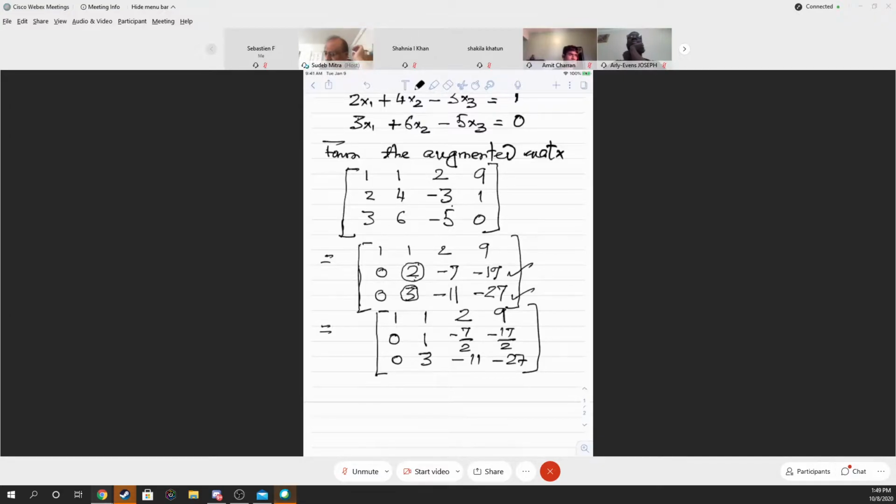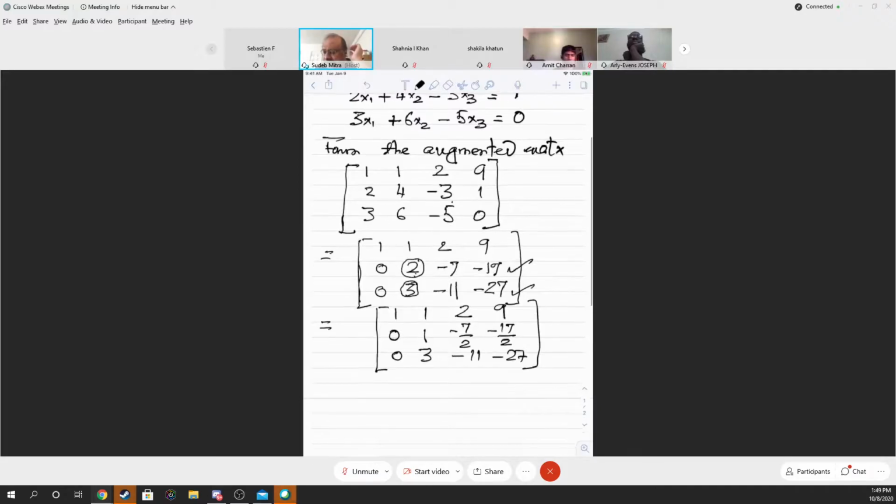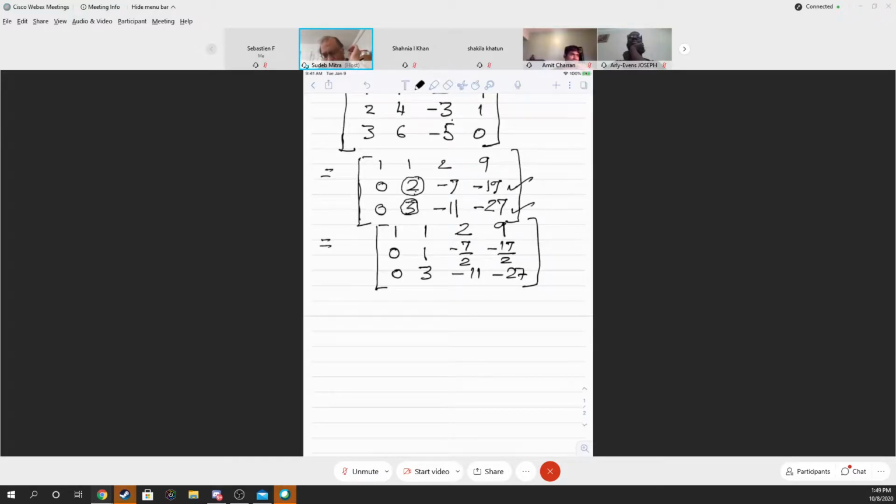Okay, I want to make this 0. Oh, there is a very easy way to do that. Good, since this is 0, multiply the second row by -3 and add it to the third row. So that becomes, don't disturb the first row.